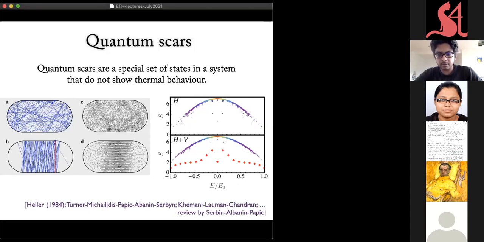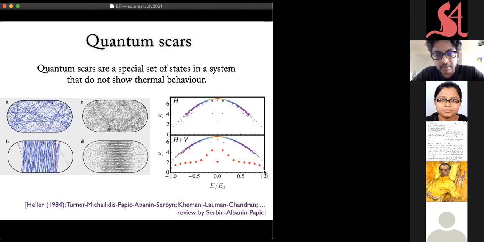So you see, E0 is the energy of the ground state. When it is 1, I think the ground state is somewhere here. If you look closely, there is a violet spot over here.